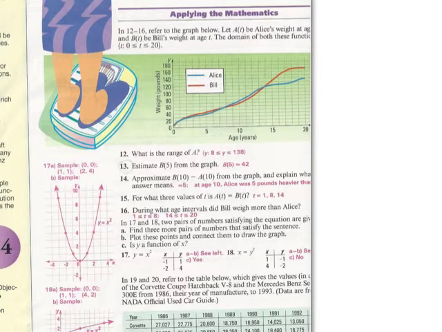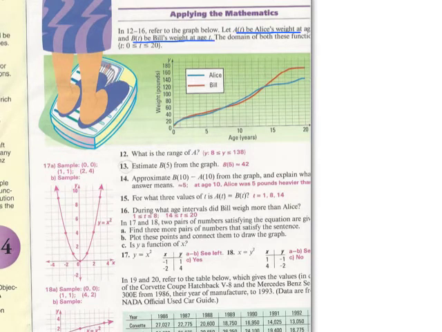So I'm going to start by taking a look at this first little chunk here, 12 through 16, using this graph. Okay? And this says, let A of t be Alice's weight, and that's important to know, that A of t is Alice's weight at age t, and B of t be Bill's weight at age t.